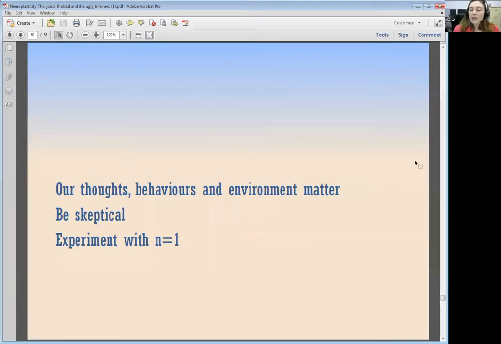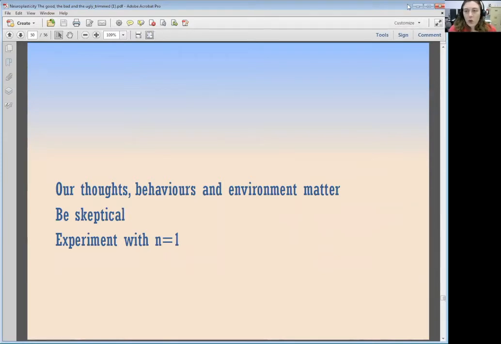Another take-home message is to always be a little bit skeptical and to experiment with what works for you. So this idea of N=1 is about you experimenting with what works for you. Some treatments are going to work well for you and some are not going to work so well because you're an individual.